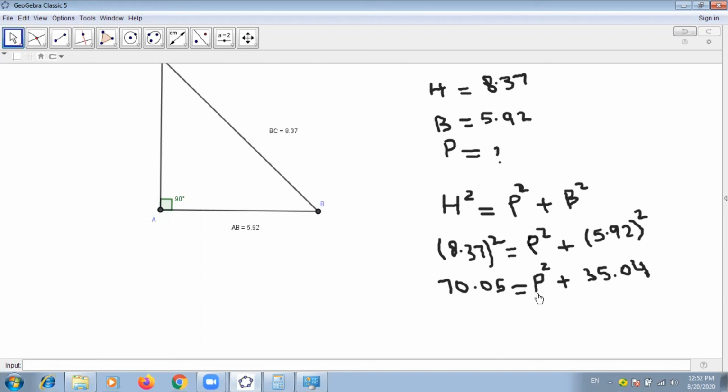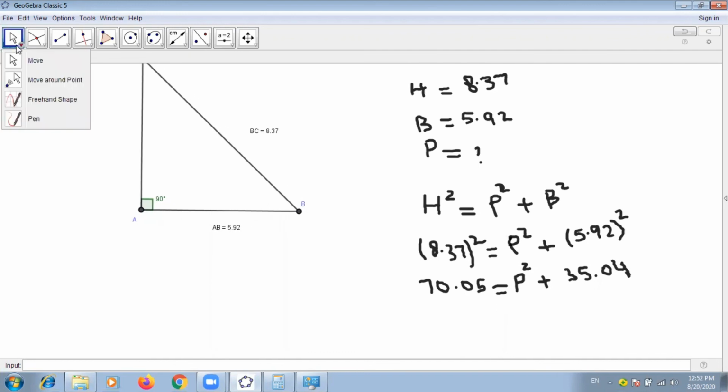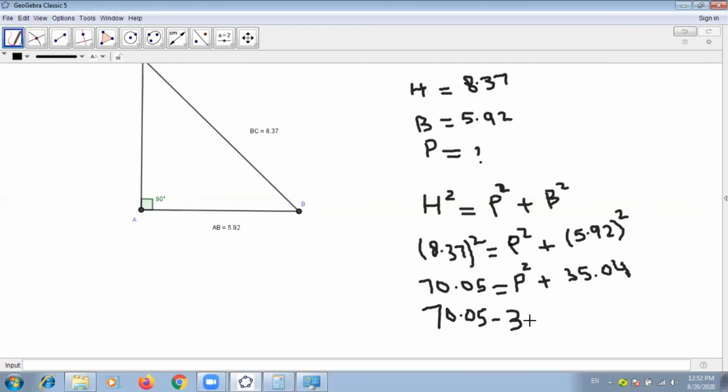Now we have to find the value of P. So we move this 35.04 to this side. So we get 70.05 minus 35.04 equals perpendicular square.